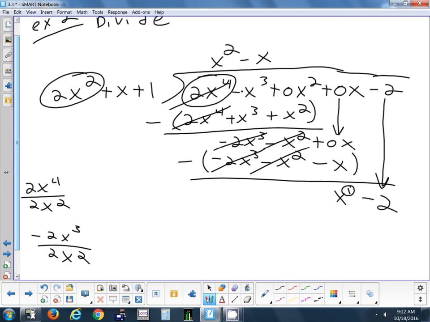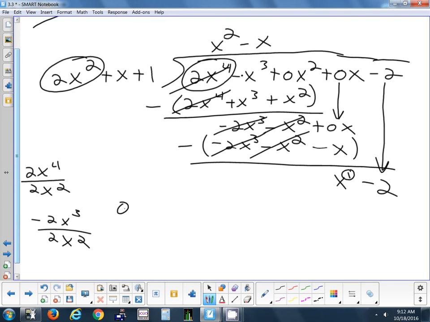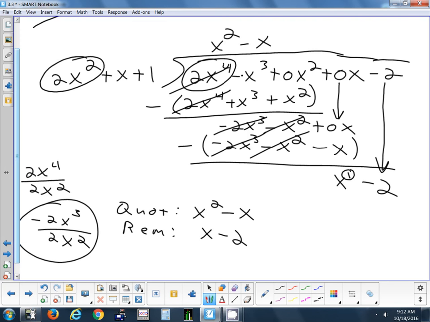X minus 2. So I'll write this one both ways for you. Where did you get that minus x from? That's on top. The minus x comes from doing negative 2x cubed divided by 2x squared. All right, so your quotient, x squared minus x, remainder, x minus 2.